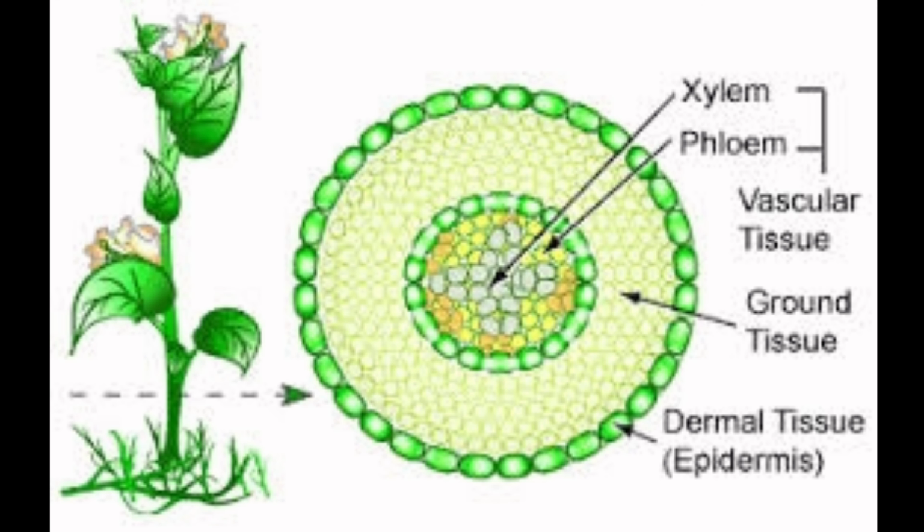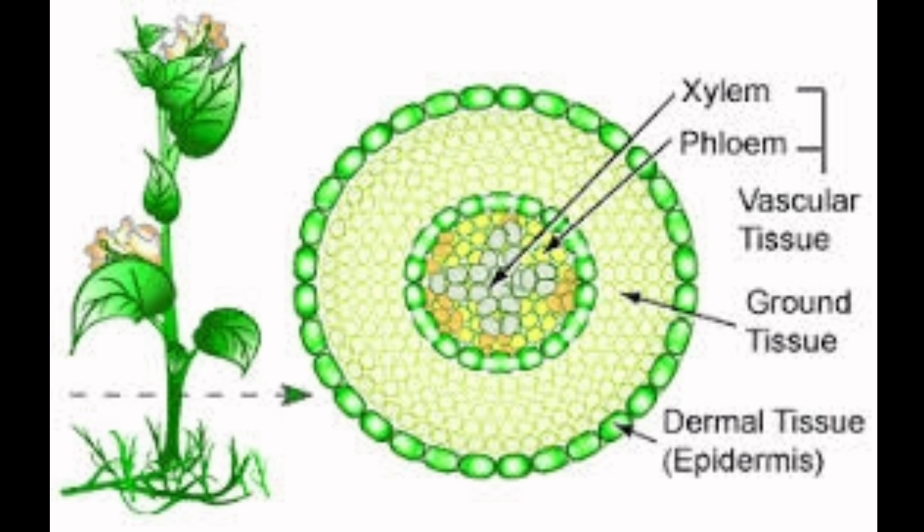Once again, let me revise all four types of tissue. In this picture you can see all four types. The first one is meristematic tissue. These tissues are found at the tip of roots and stem. The next one is epithelial tissue. This tissue forms the outer covering of every part of the plant. The next one is vascular bundles. There are two types, xylem and phloem.